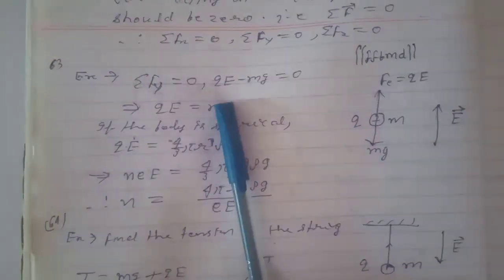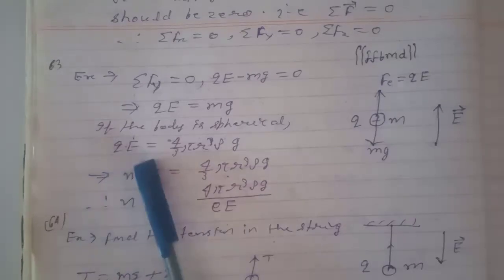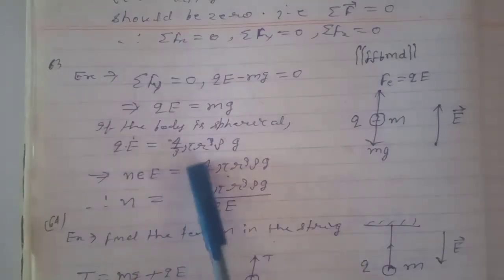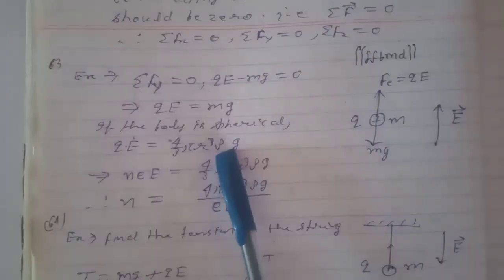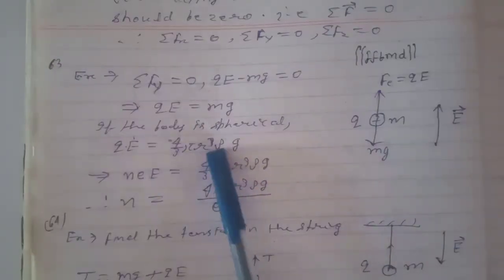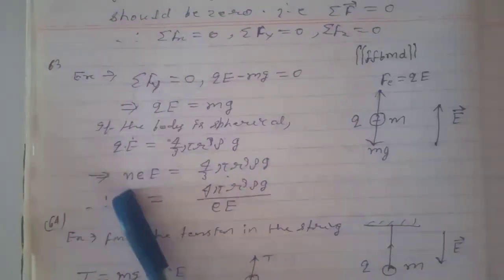Since sigma F equals 0, QE minus mg equals 0, so QE equals mg. If the body is spherical, then Q into E equals 4 by 3 pi R cube into rho into g. This is the volume and this is rho, the mass density, so this represents mass, and this is g, the acceleration due to gravity.